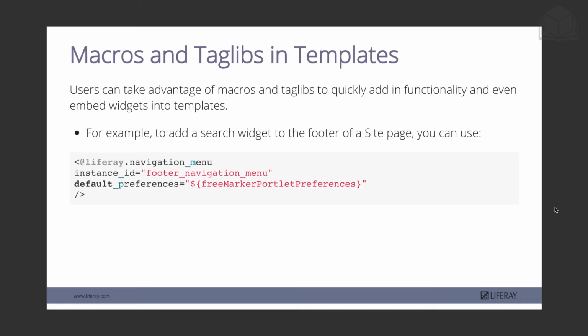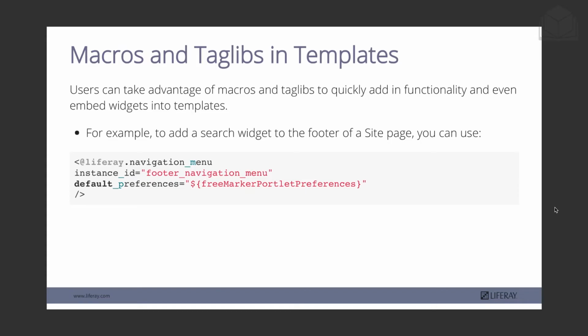On the slide, we have the navigation menu being added to our theme. For example, in a custom theme, if I wanted to embed the navigation menu in the footer of every single page, which is not an uncommon use case, we can take advantage of this macro to embed the navigation menu widget on the footer of the page.